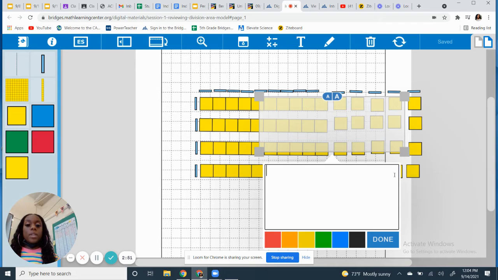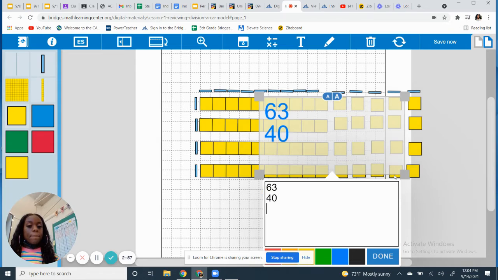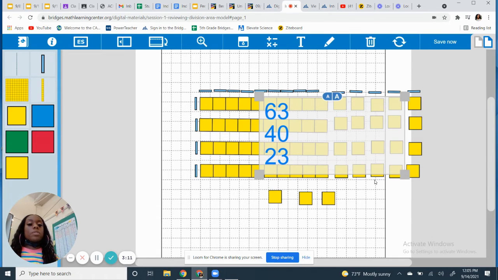So now we need to think to ourselves, what is 63 minus 40? So 3 take away 0 is 3, and then 6 take away 4 is 2. So I'm going to put 23. So we know that we have 23 left.